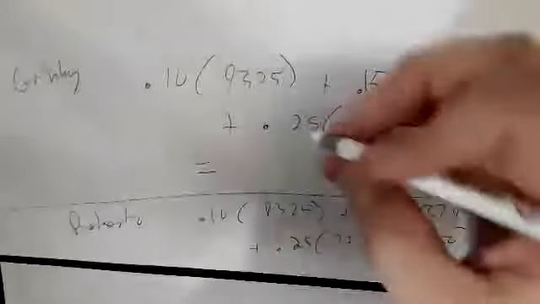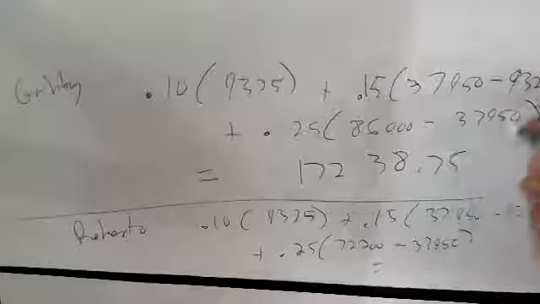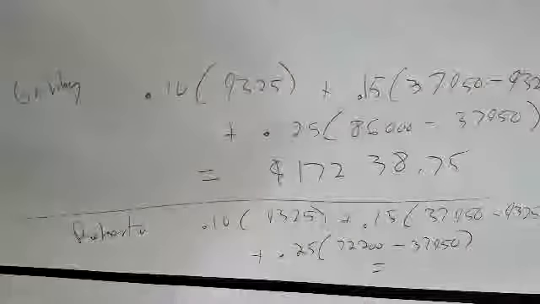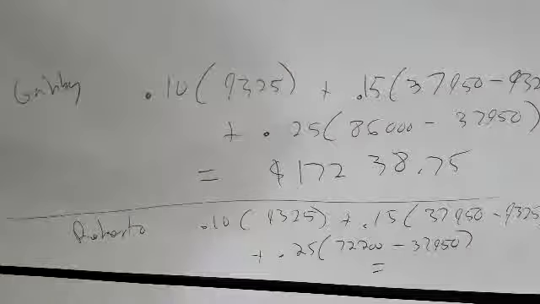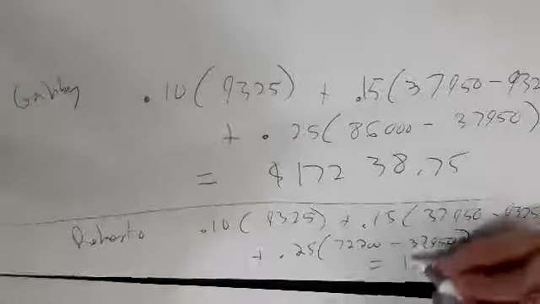This one is 17,238.75. And Roberto's is the same thing, except I'm going up to 72,200. That gives 13,788.75.